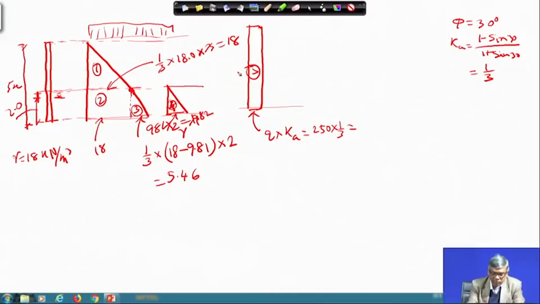Now, to find the total thrust, I can find thrust 1, thrust 2, thrust 3, thrust 4, thrust 5 and add them all. So, P1 will be half multiplied by 18 multiplied by 3, so P1 is equal to 27.